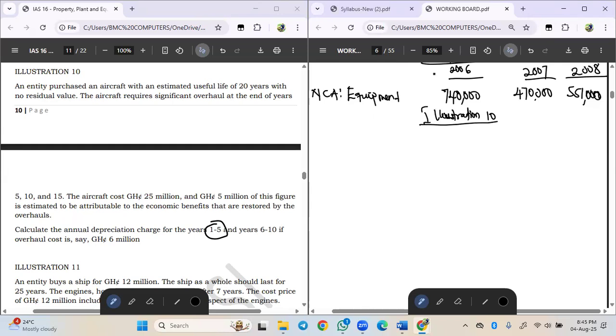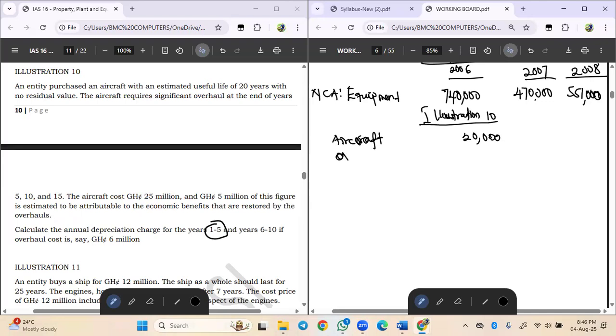So the cost is not 25 million for the aircraft only. We said that of this 25 million, 5 million is for the overhauls.